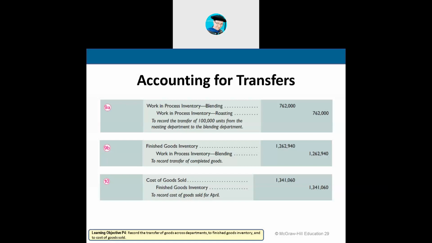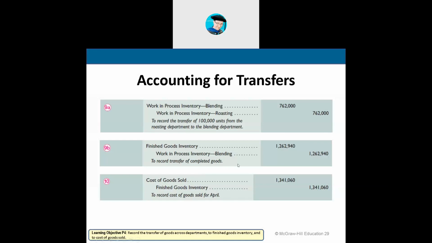Then, once it's done in the blending department, it becomes a finished good. So we debit finished goods inventory and credit the blending department to record the transfer from blending to being a finished good. Then when we sell it, debit cost of goods sold and credit finished goods inventory. You can see the transfer process.